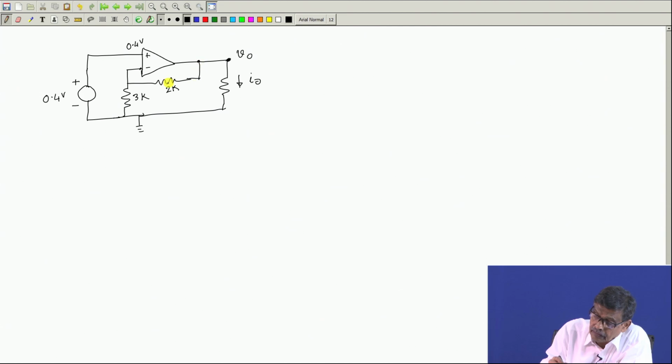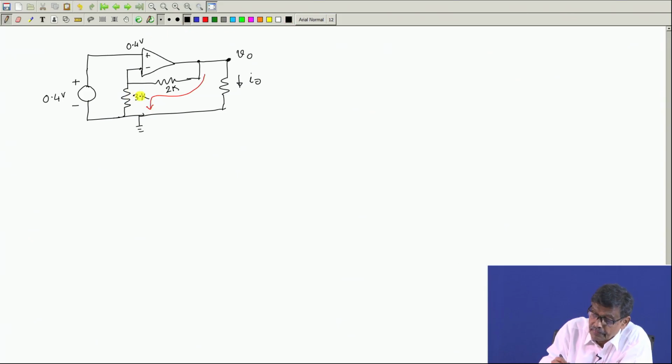Therefore, the current in this path will be simply 2 and 3 K in series, that is, 8 K. Let us call this is given to be 8 K actually.